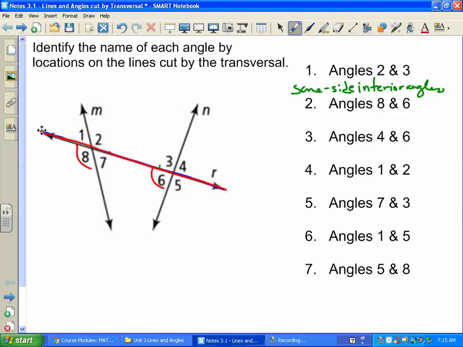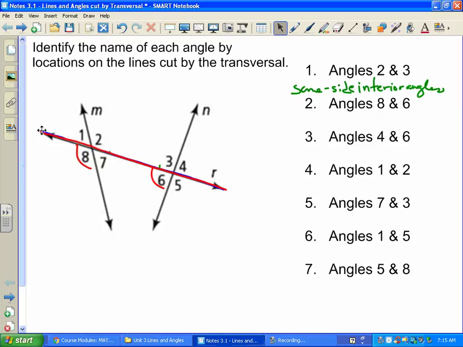Sometimes when you look at a picture like this, being able to rotate it might be very helpful because you may find that you can't see that particular intersection. But for this one, I think it's pretty clear which kind it is. Let's go through where they're located.